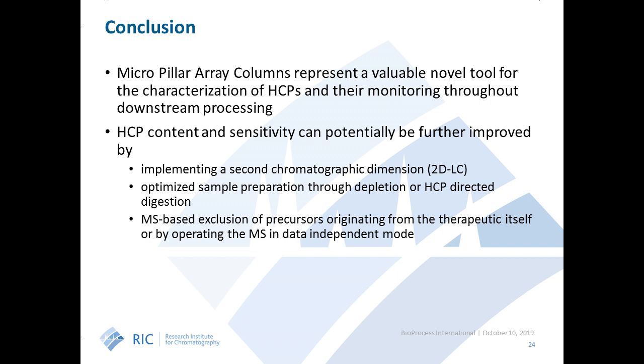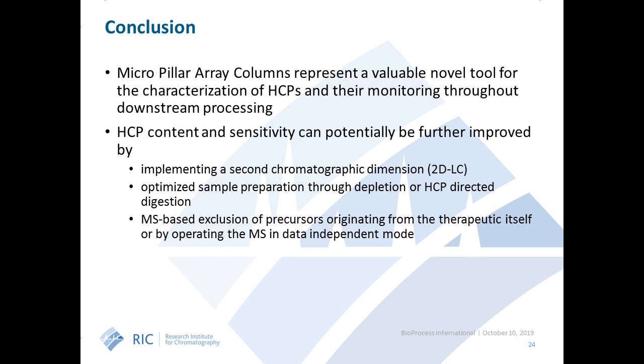Now, if this would not be satisfactory for your purposes, so if you really want to go below that 1 ppm value consistently, well then content and also sensitivity can further be improved by implementing a second chromatographic dimension. So this brings us into the area of two-dimensional liquid chromatography, but we can also optimize sample preparation, for example, by performing a depletion of the therapeutic antibody, for example, implementing a protein A affinity step, or we can also do host cell protein directed digestion.